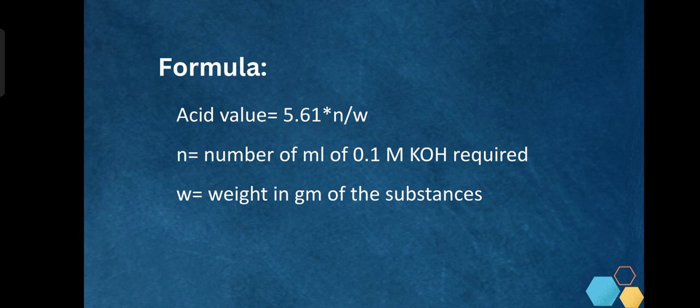So the formula is acid value is equal to 5.61 into N by W, where 5.61 is a constant value for potassium hydroxide, N indicates the number of ml of 0.1 molar KOH required to neutralize the free fatty acids, and W is the weight in grams of the substance, that is how much quantity of the substance we have taken during the titration step.